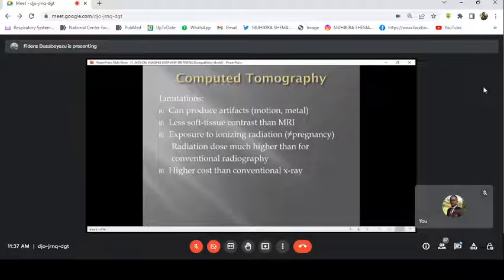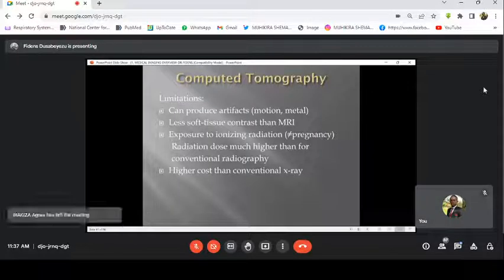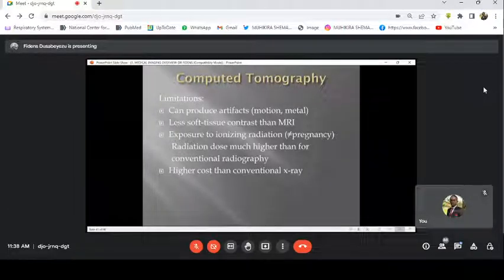And number four, it has a higher cost. It is expensive compared to conventional radiography. And even number five, I can add that even if I say it is available now, you cannot compare the availability of CT scan with conventional radiography or ultrasound. It still has some limitation.